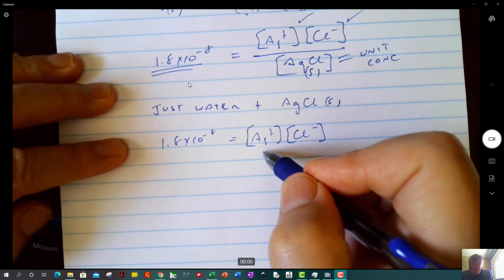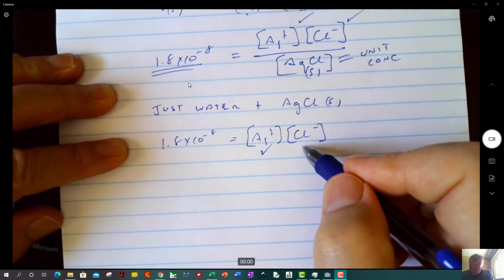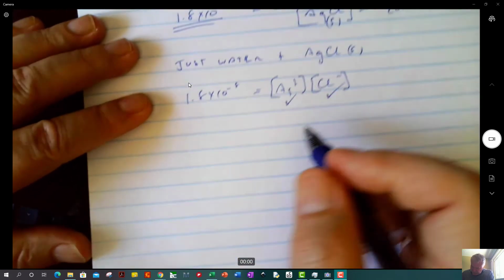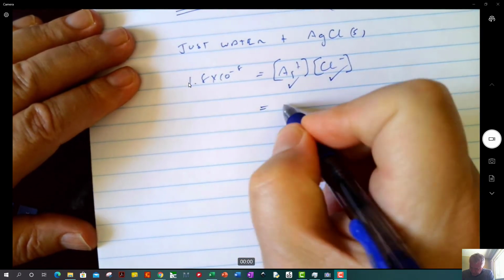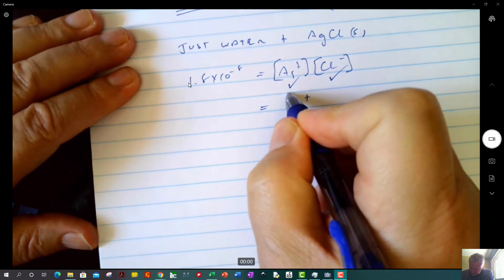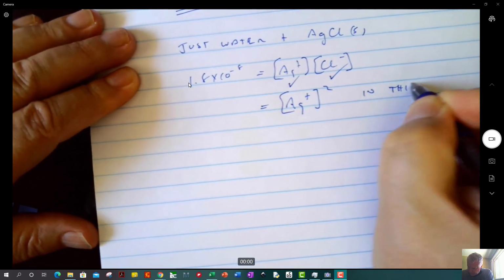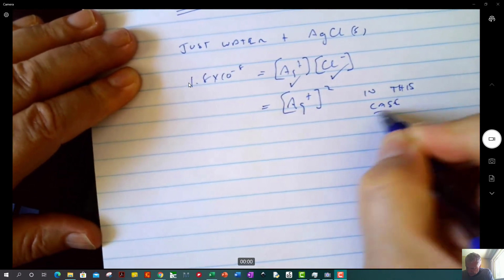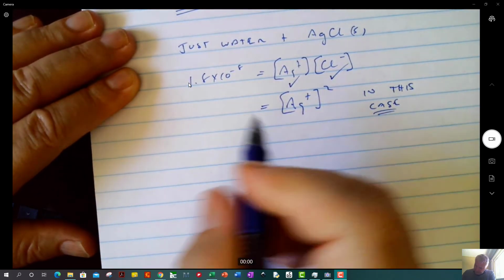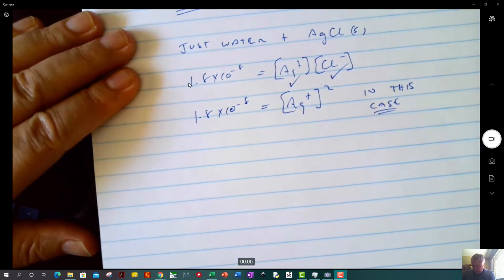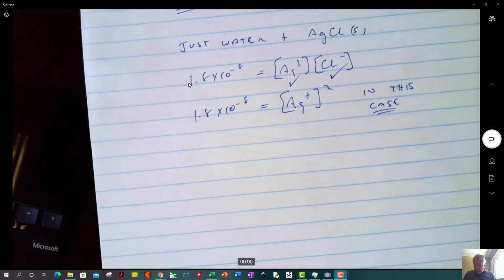And since for every Ag+ that's produced, there's a Cl- that's produced, we can say that this is equal to the Ag+ concentration squared in this case, right? Okay, so 1.8 times 10 to the minus 8, and we just take a square root of that value.